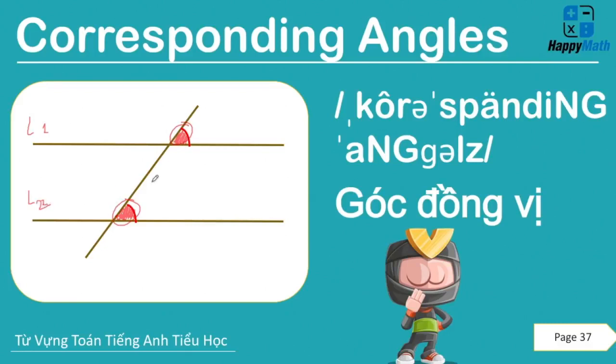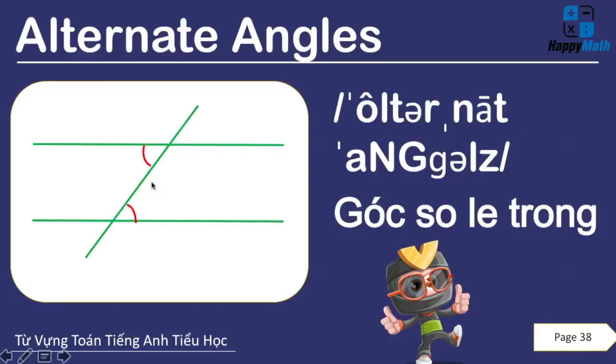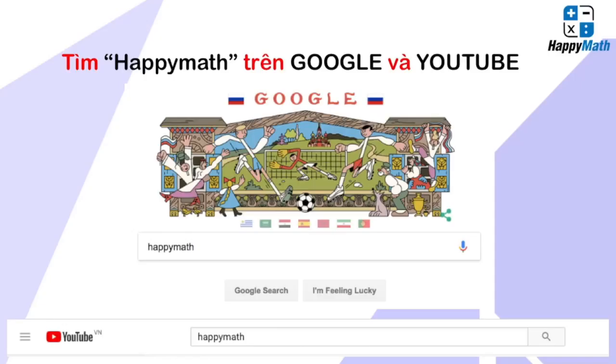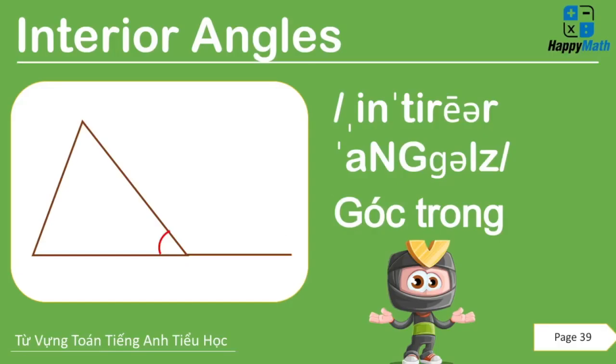So we call it corresponding angles. Alternate angles, very famous angles in parallel lines, right? Interior angles, the angle inside of the triangle.